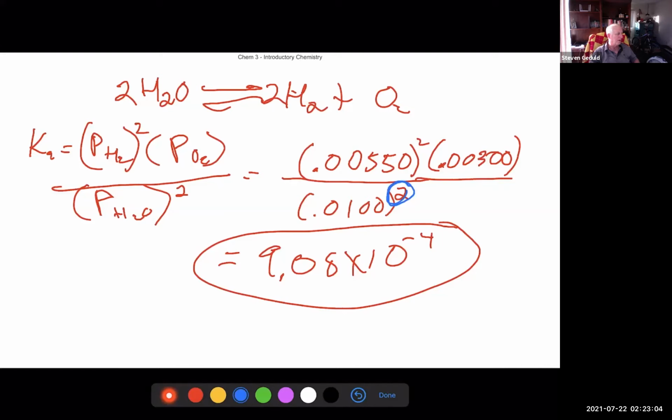And then OH values from a pH, and that should do it. Okay, let's review some more pH values. It says calculate the OH and the pH associated with an H plus concentration of 5.4 times 10 to the negative 7 molar.